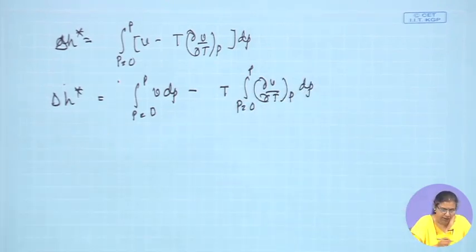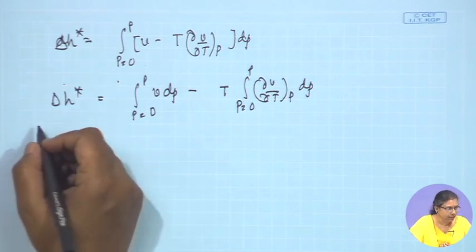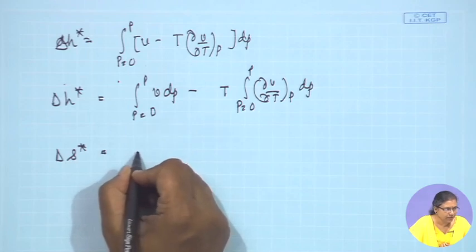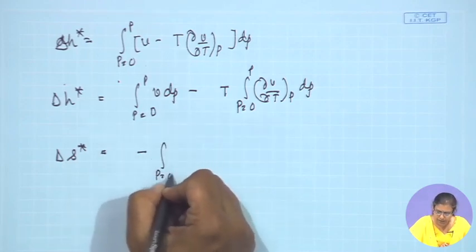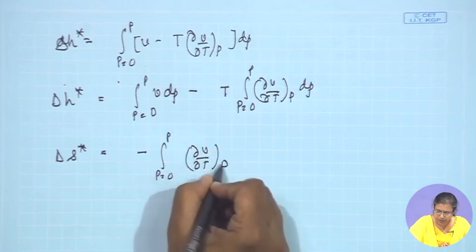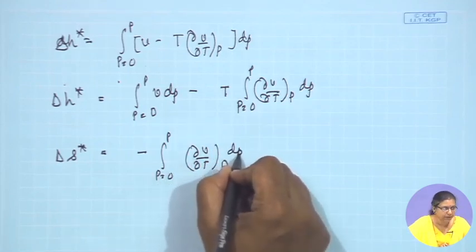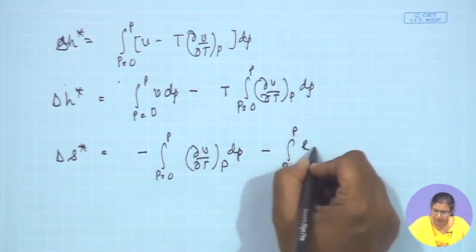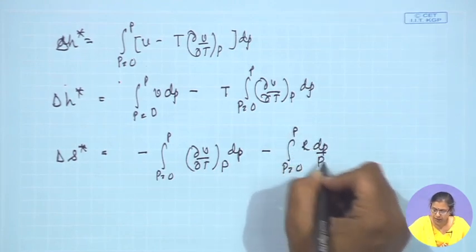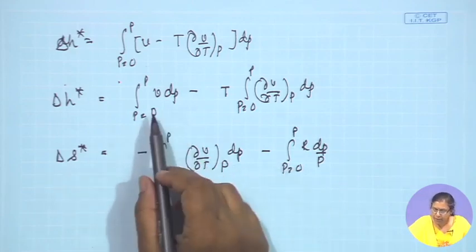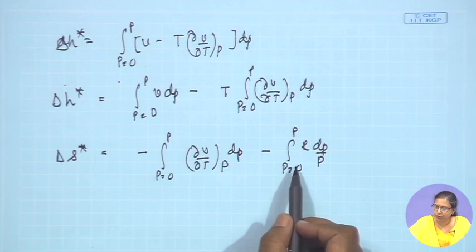In the same way, we can also write delta S star as minus integral p equals 0 to p of del V del T at constant P, dP, minus integral p equals 0 to p of R dP by P, and R ln P, right. So if you look at these expressions, what do you find?